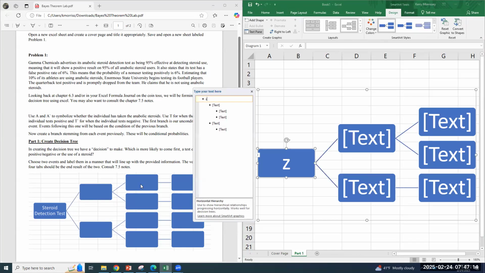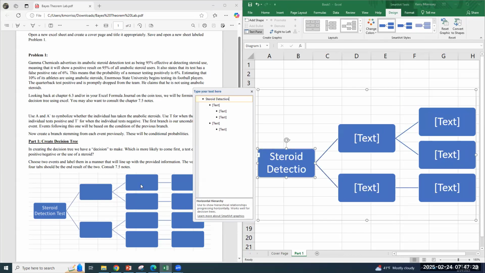Now we are doing the steroid detection test. So first, we either have to take the steroid or we don't. So A or not A. And I can click here or use the text, it doesn't matter. So we've either used the drug or we have not used the drug.